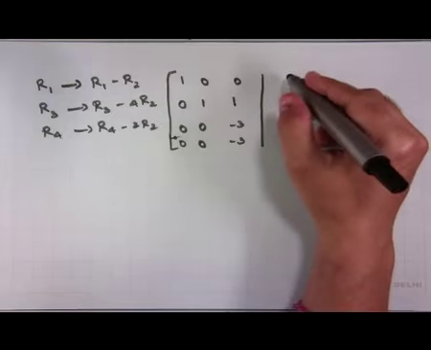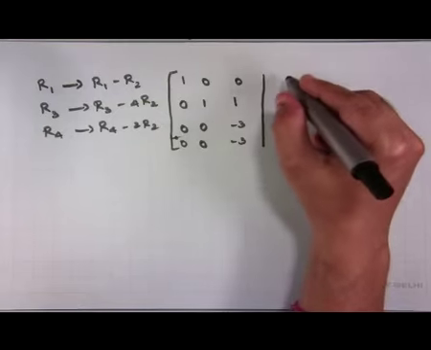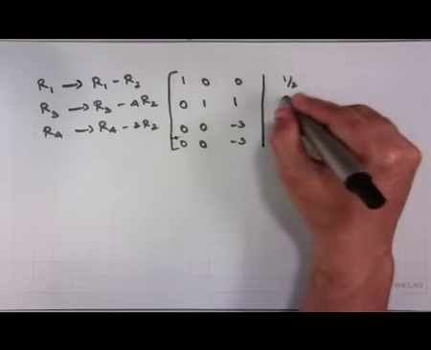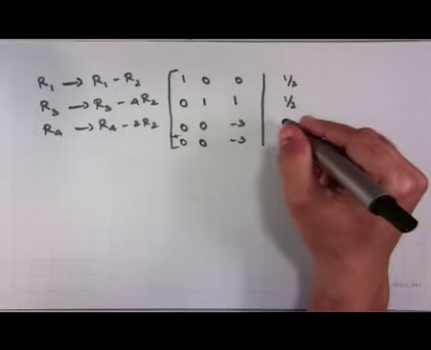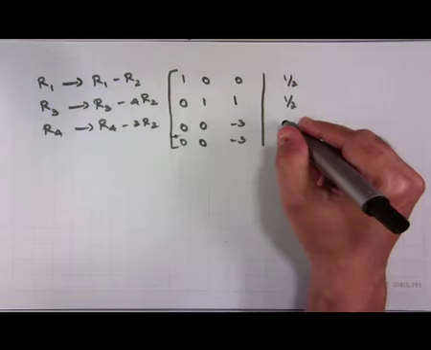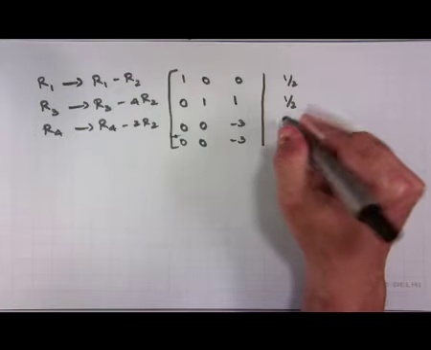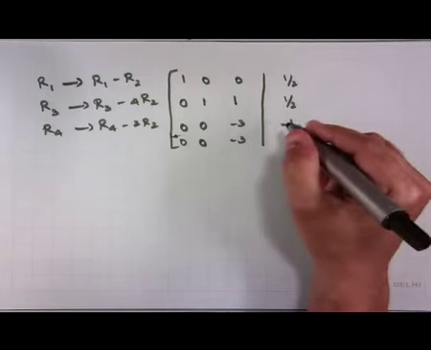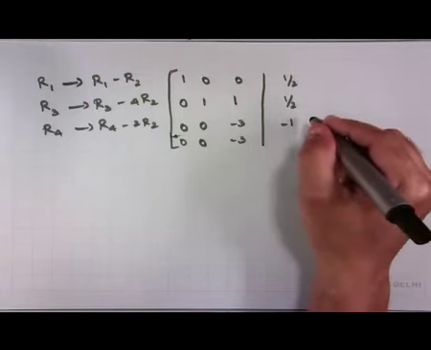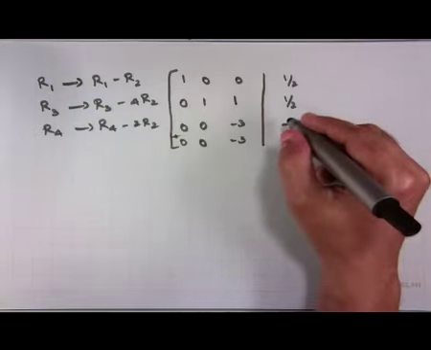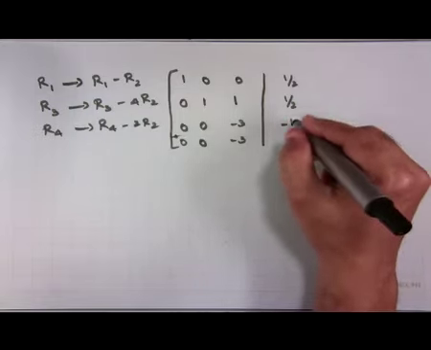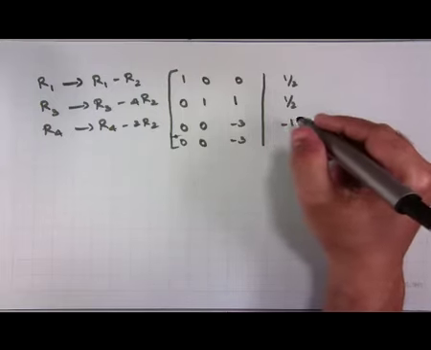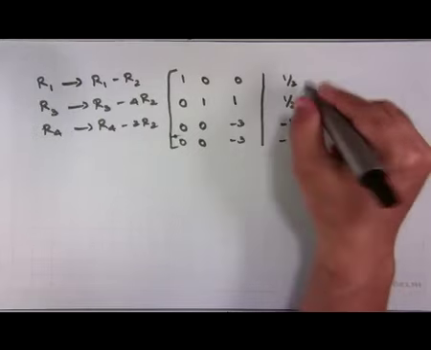Again R 1 minus R 2: 1 minus half which will give me half, second row is just half, third row R 3 which is 1 minus 4 times half, which is 1 minus 2, which will give me minus 1, and 0 minus 2 times half which will give me minus 1.